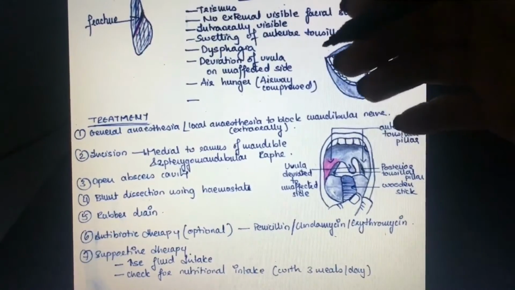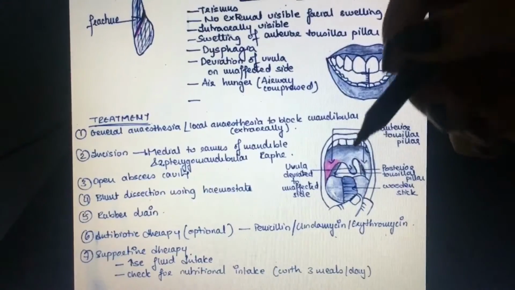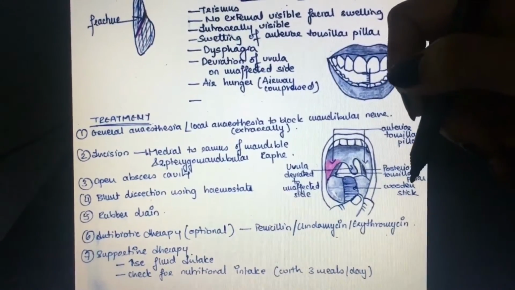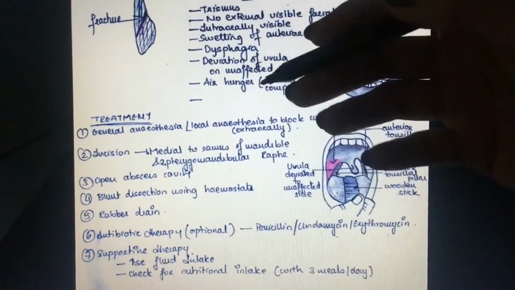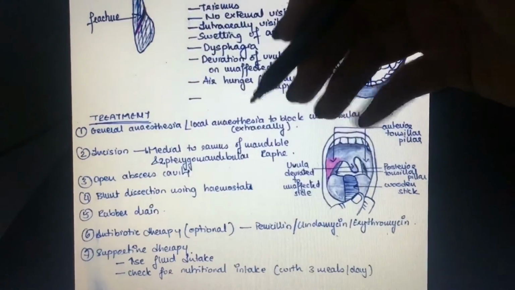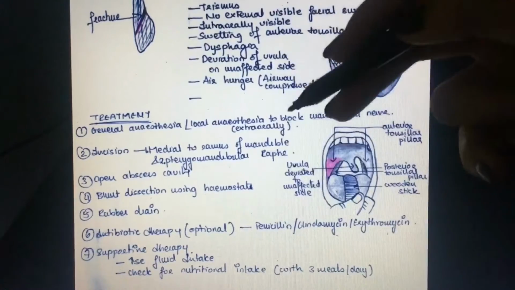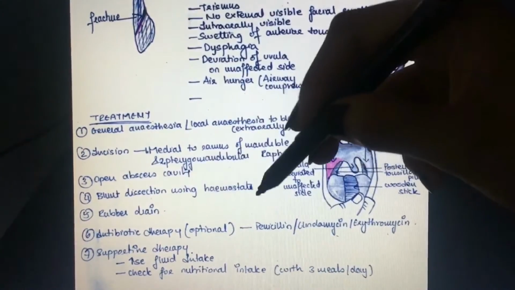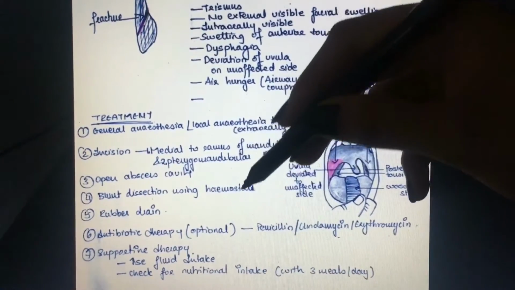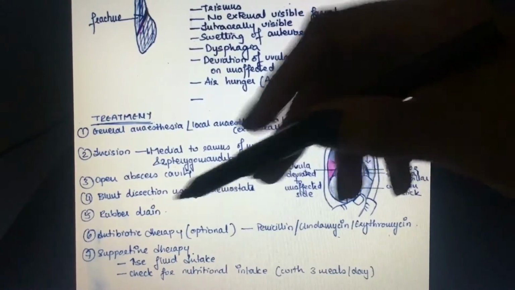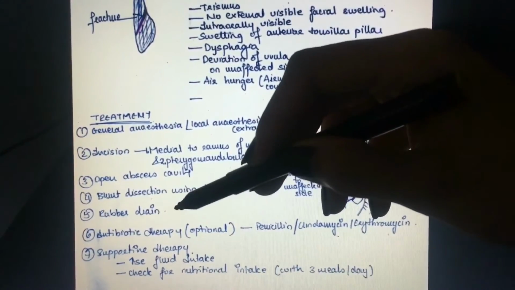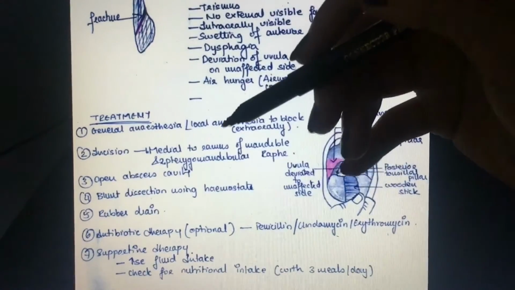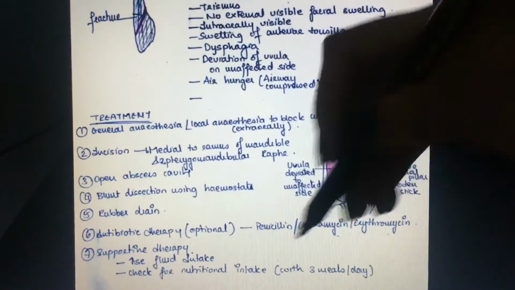By breaking the pus locules, you discharge the pus outside the cavity, and then you close the hemostat and remove it from the cavity. This is Hilton's method of incision and drainage.